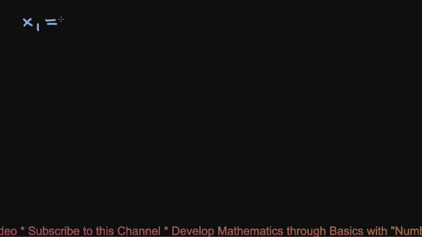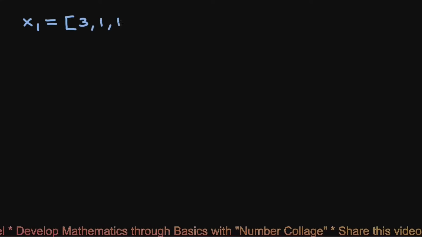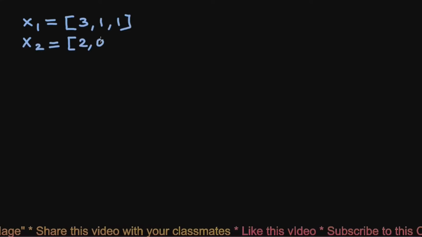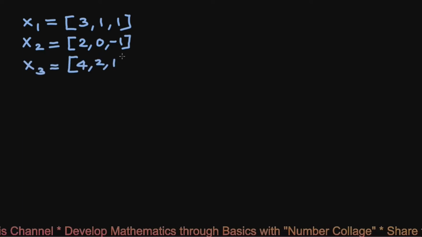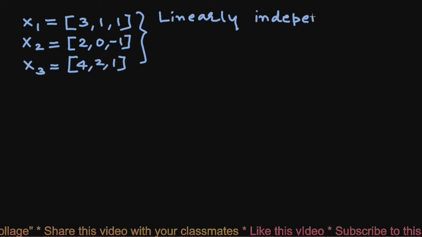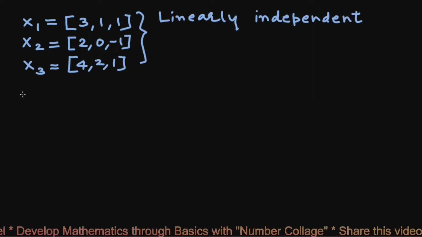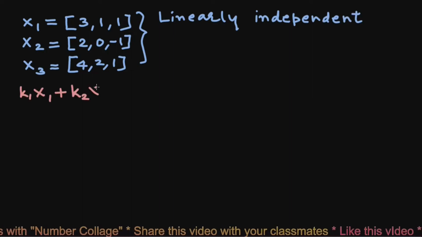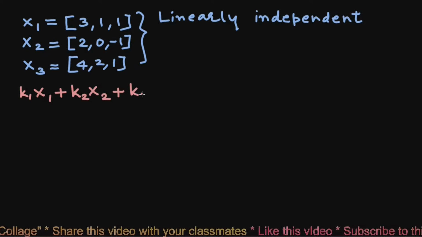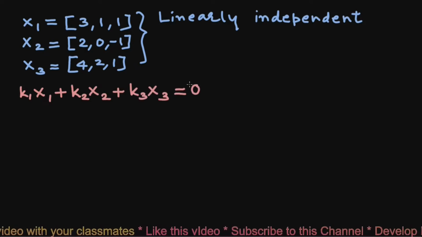In the first example, we will examine whether the vectors x1 (3, 1, 1), x2 (2, 0, minus 1), x3 (4, 2, 1) are linearly independent. We have to consider the matrix equation k1x1 plus k2x2 plus k3x3 equals 0.